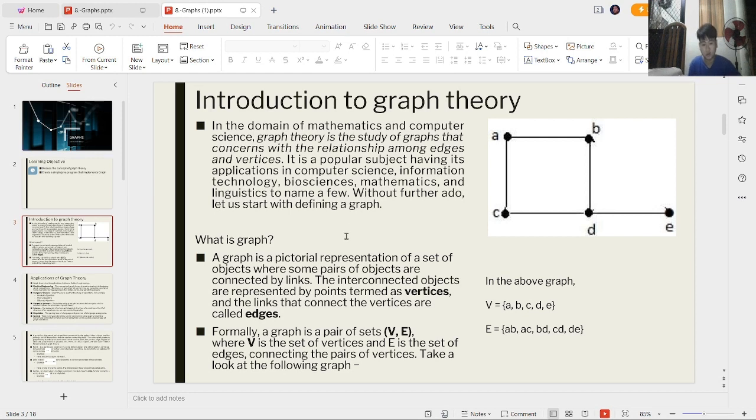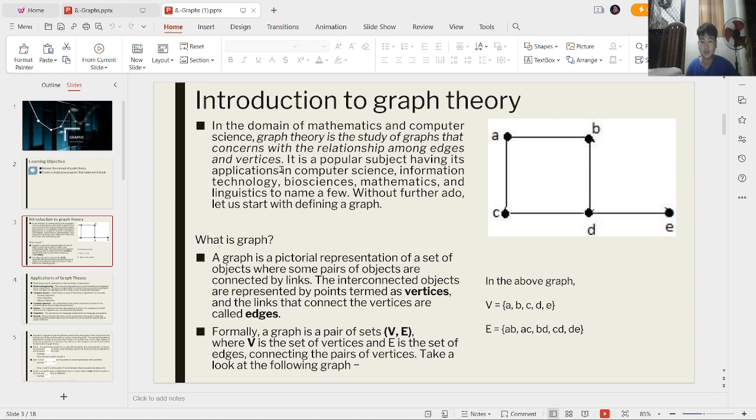Introduction to graph theory. In the domain of mathematics and computer science, graph theory is the study of graphs that is concerned with the relation among edges and vertices.